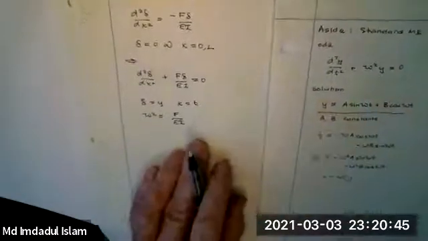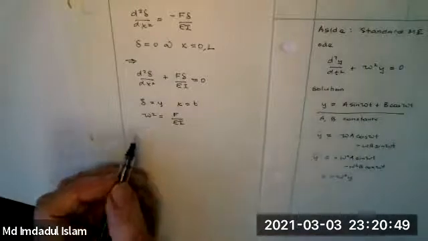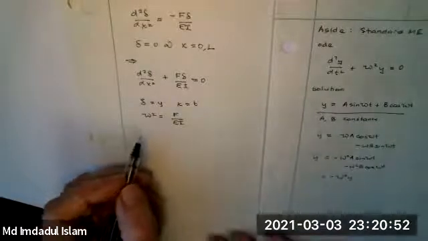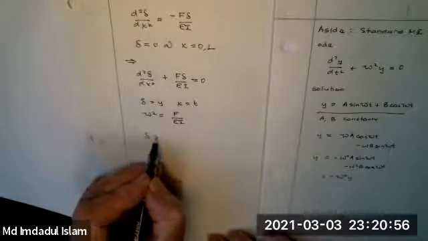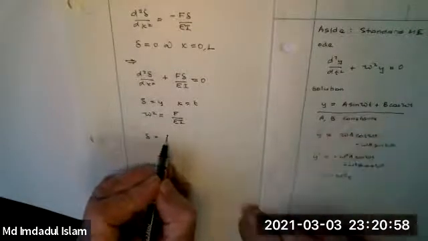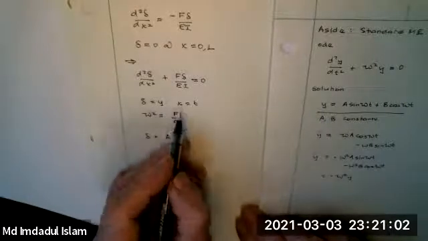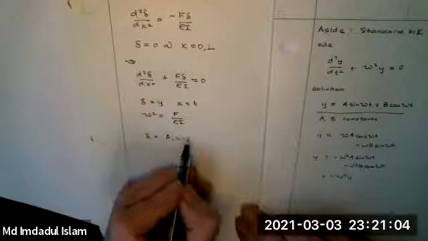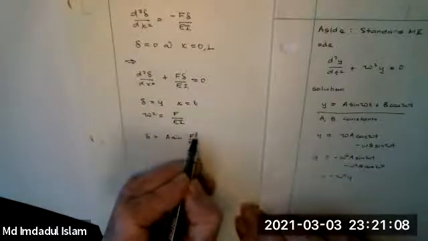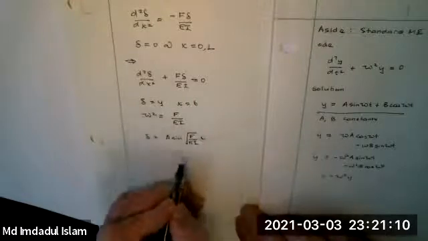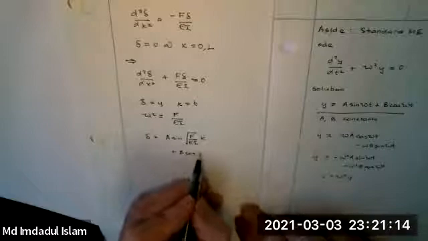So using the standard solution, the general solution, usually called the general solution because you haven't adjusted the constants yet, it's going to be delta equals A sine omega x, where omega is the square root, plus B cos omega x.